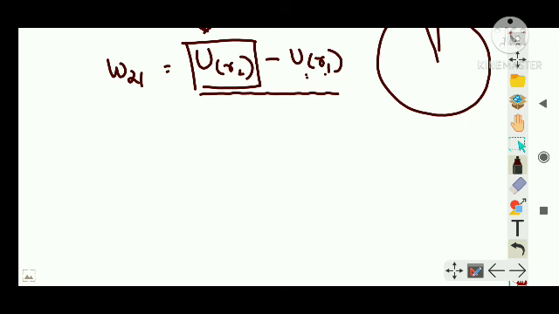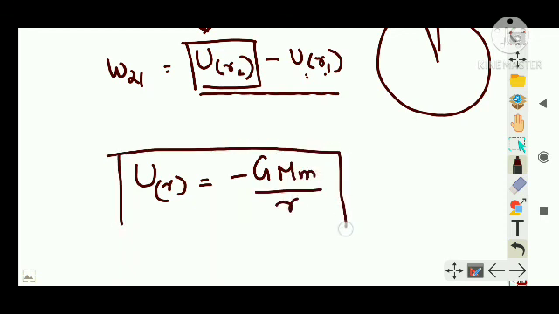We have derived it initially. The potential energy at any position vector r is equal to minus GMm by r. That is the potential energy at any point. Now someone asks you for the potential. That means you are not bringing a small mass m, you are bringing 1 kilogram.